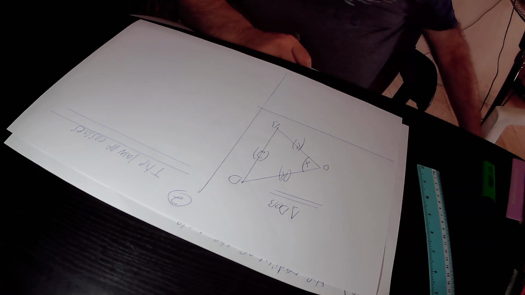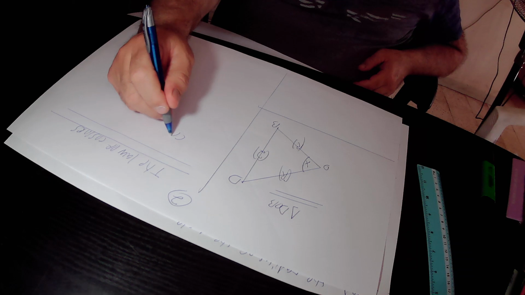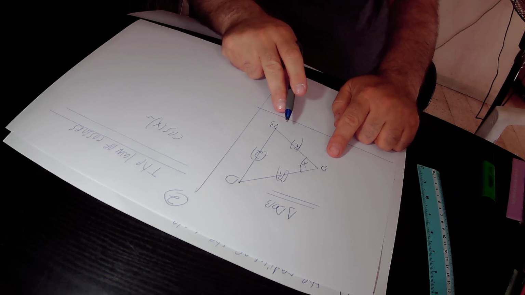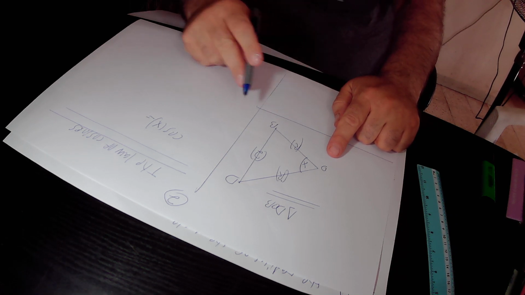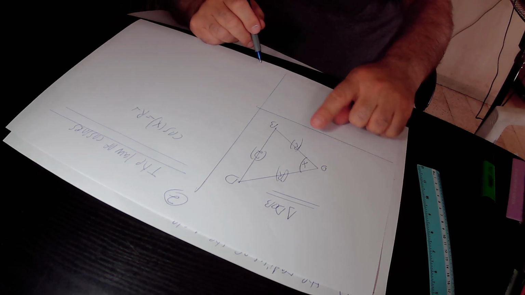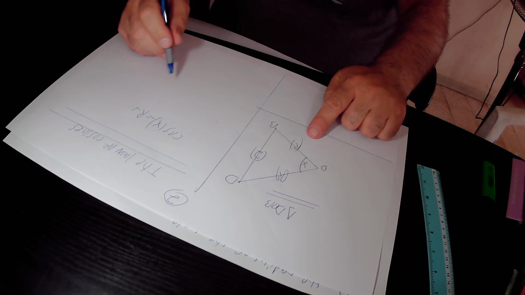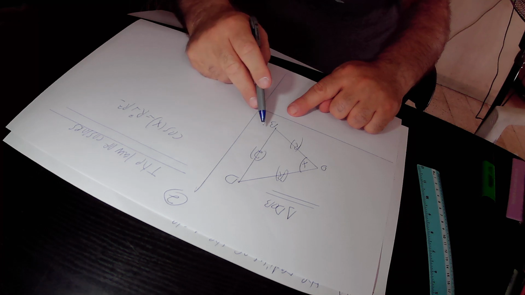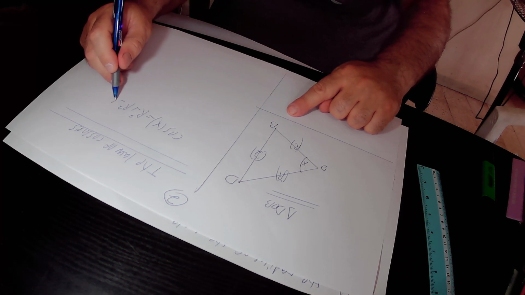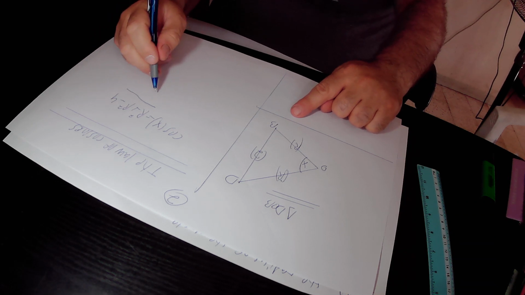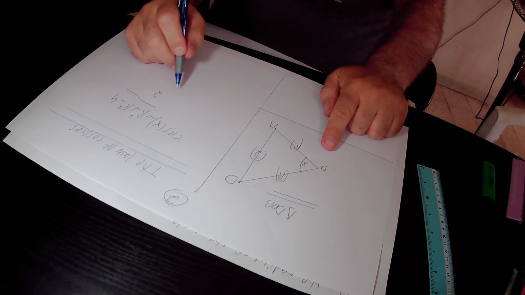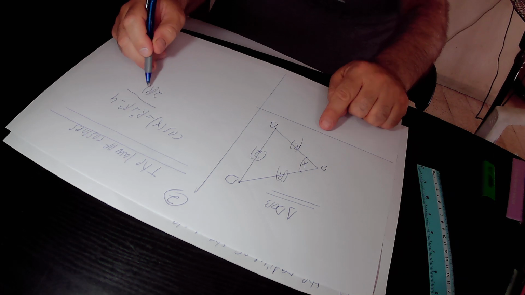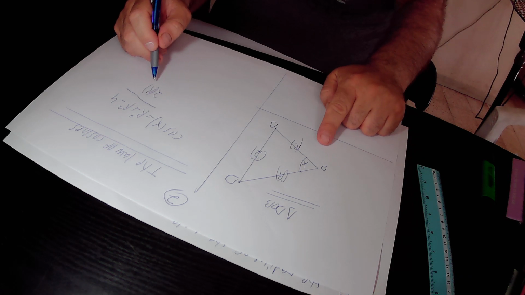Cosine x equals DO squared, but DO is R, therefore DO squared is R squared, plus BO squared. BO is R, therefore BO squared is R squared, minus BD squared. BD is 2, therefore BD squared is 2 squared, that is 4, so it is minus 4, divided by 2 times DO. DO is R, therefore we substitute DO by R, so it will be 2 times R, times OB. OB is also R, so we substitute OB by R.